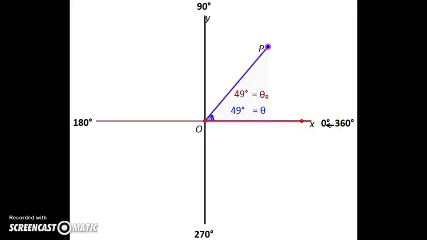Closest benchmark angle is 0 degrees. So in this quadrant, our standard position angle is 49 degrees, and the reference angle happens to be the same measure. So in quadrant 1, it's always true that our standard position angle is equal to the reference.